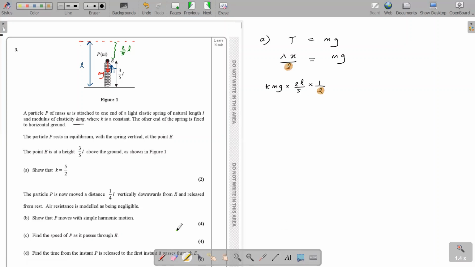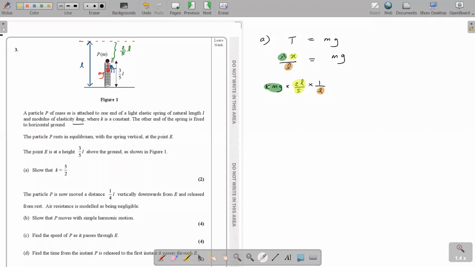So lambda value is the kmg here, and x is the amount that you have displaced, or the amount the spring is compressed. It has compressed, or gone down, a distance 2/5L, the difference from the natural length. So this is equal to mg. Lambda is kmg, the compression extension is 2/5 into 1/L.